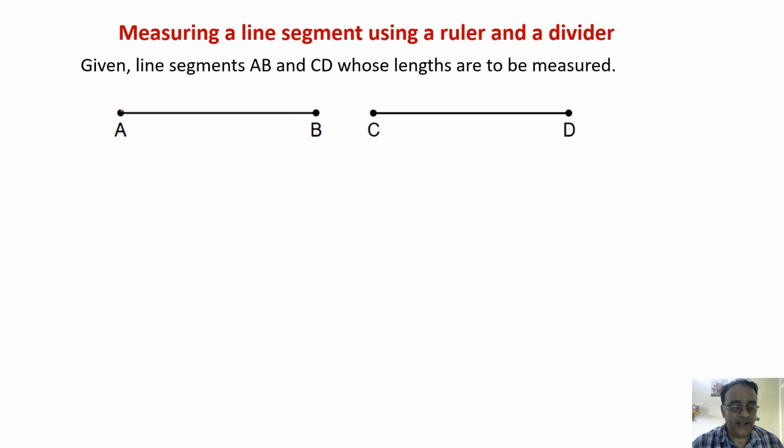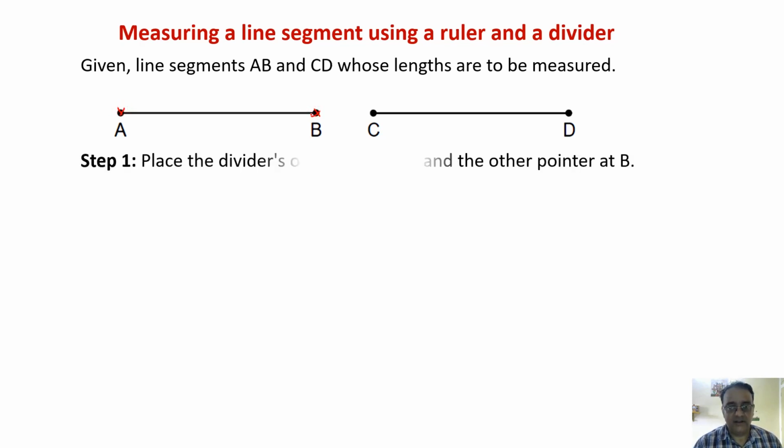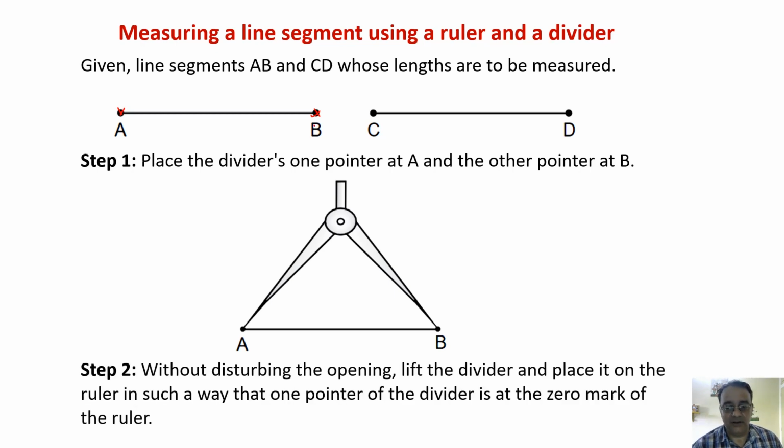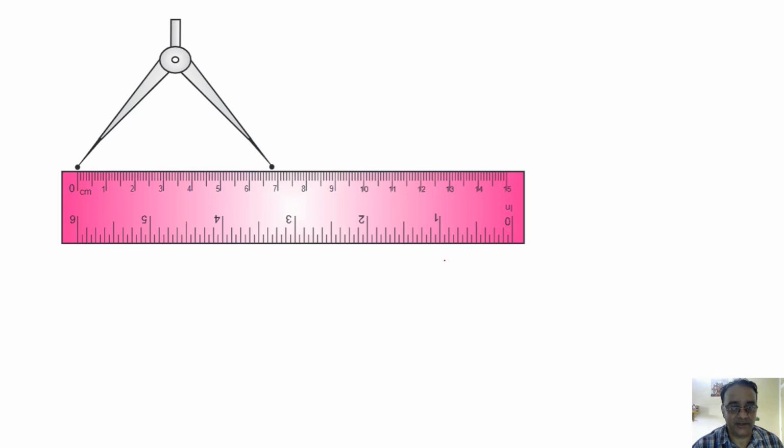We will place the divider with one pointer at A and another pointer at B. Then, without disturbing the opening, lift the divider and place it on the ruler in such a way that one pointer is at the 0 mark of the ruler, and the other pointer shows the measurement. See this one, one pointer at 0 and the other pointer comes here.